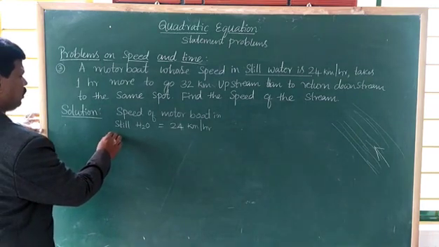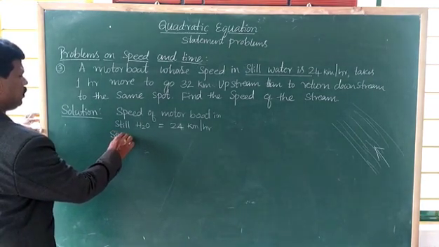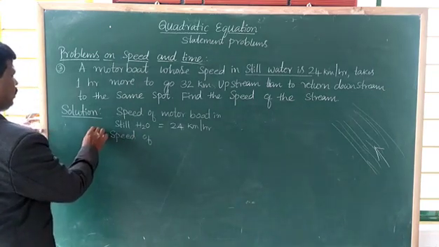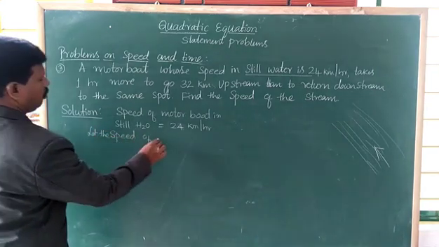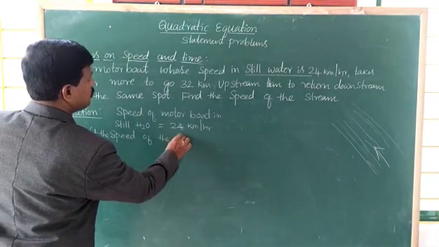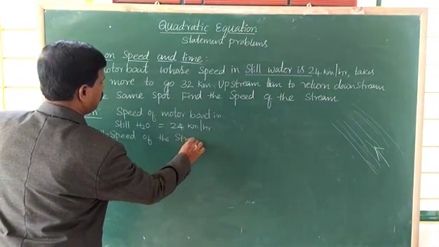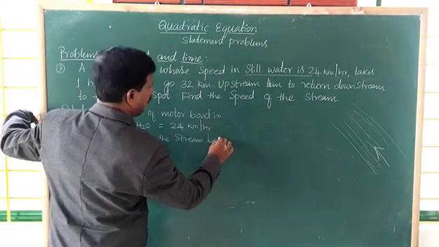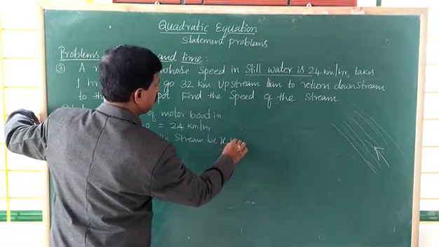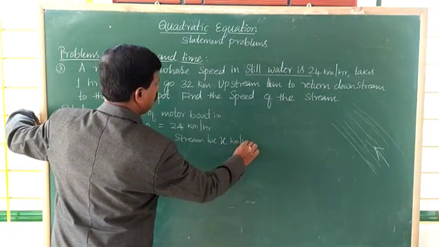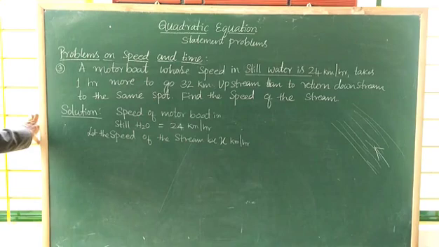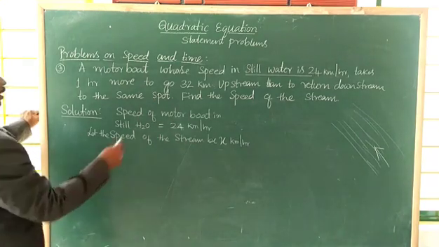Let us take a speed. Let the speed of the stream be x km per hour.